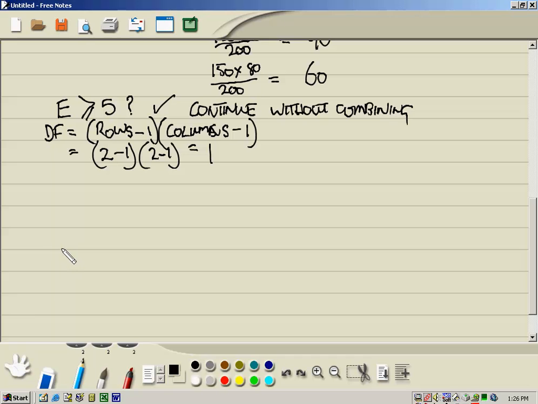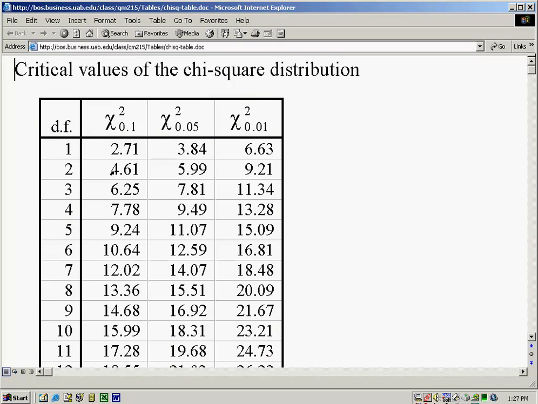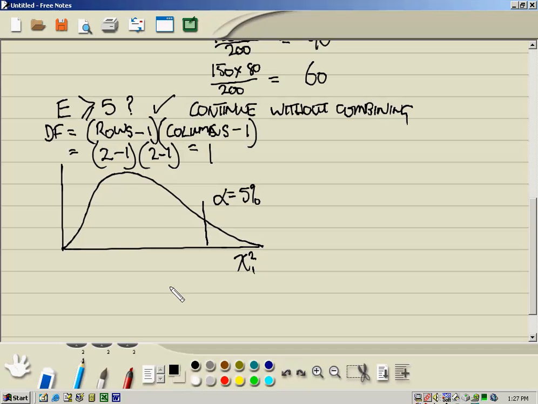Now we can draw our distribution: chi-squared with 1 degree of freedom, alpha of 5%. So now we can go to our chi-square tables, look up the critical value, 1 degree of freedom, 5% alpha, so 3.84 is the critical value.